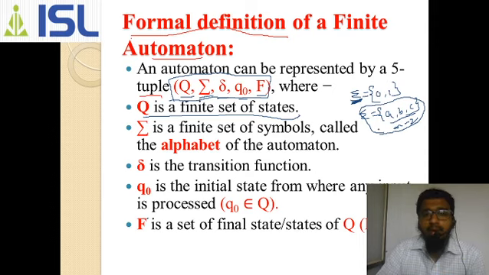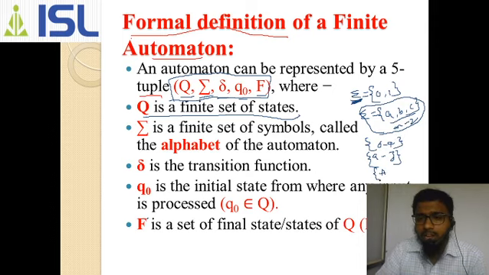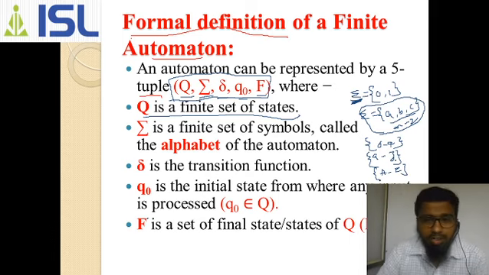In the alphabet, all the numbers will come, 0 to 9, small a to small z, or capital A to capital Z, and special characters as well. We can add special characters. So all this will come under sigma, the alphabet.